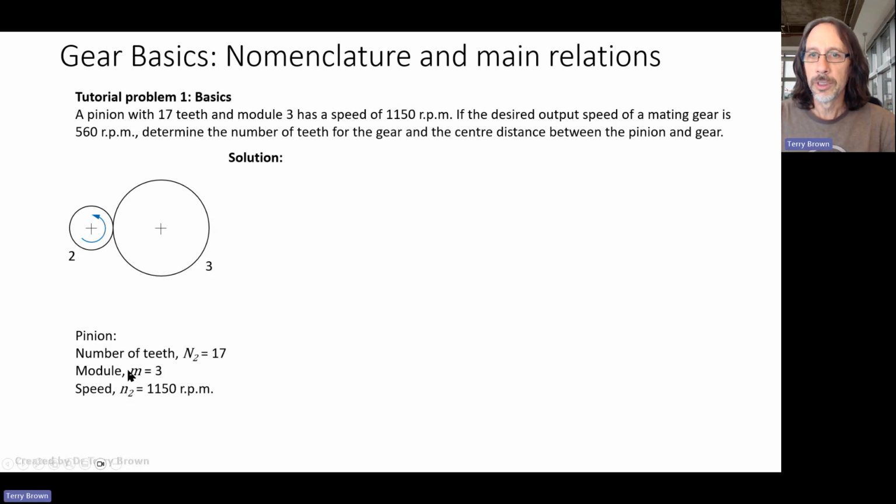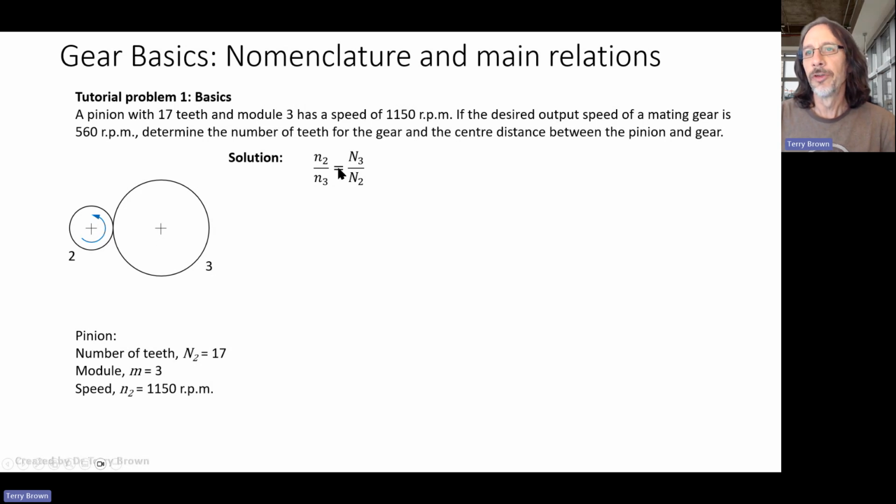All right, so we're told this information, and we know from the lecture that I did before that the ratio of the speeds is inverse to the number of teeth on the gear. Okay, and the number of teeth on the gear is proportional to the radius or the diameters of the gears.